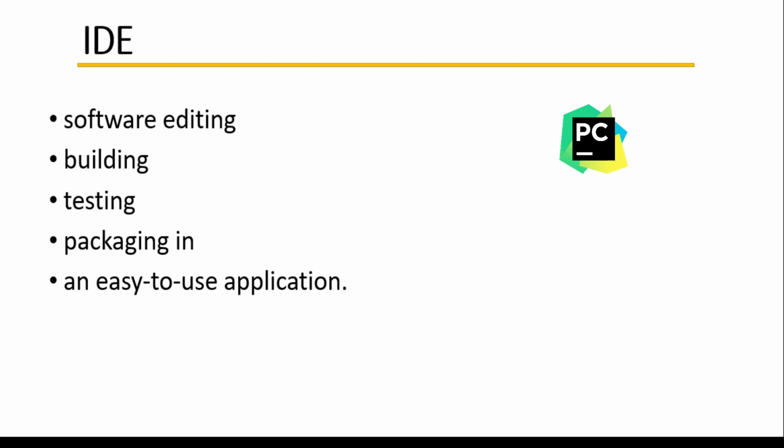PyCharm offers a free community edition which includes most of the Python development features, as well as a paid professional edition, which adds additional features like database support and web development tools. Overall, PyCharm is a powerful and feature-rich IDE that can greatly enhance the Python development experience.